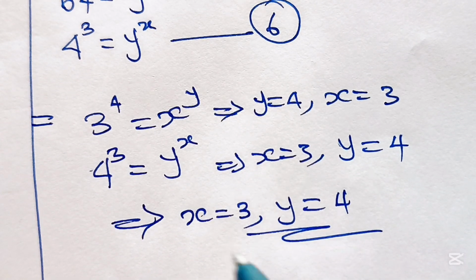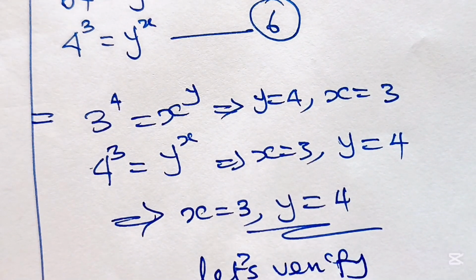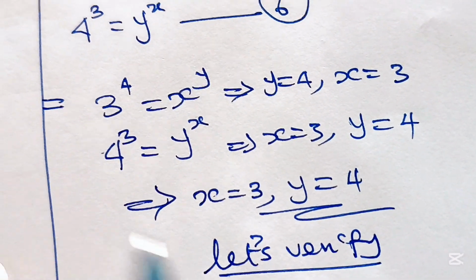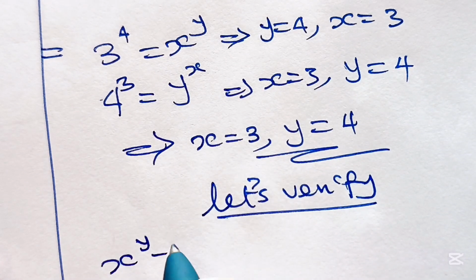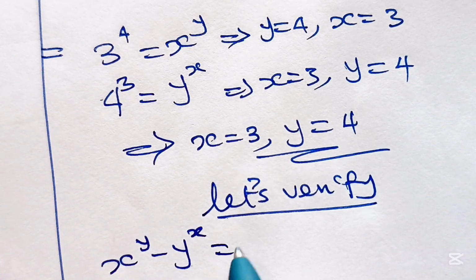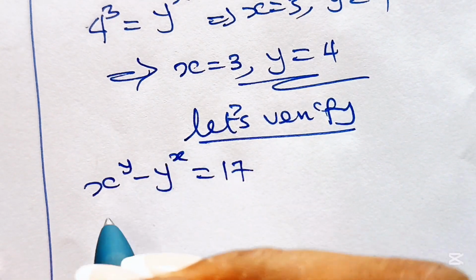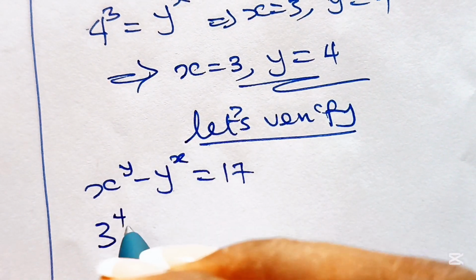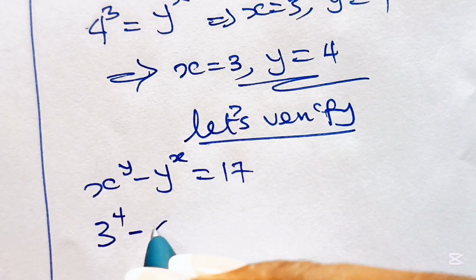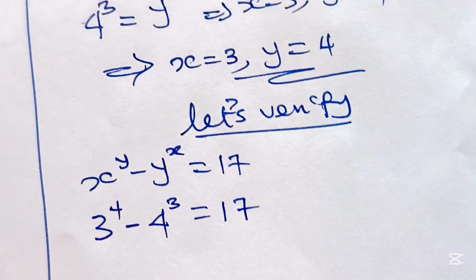Now let's verify. We have the question, that x to the power of y minus y to the power of x is equal to 17. So that means that x, which is 3, to the power of y, which is 4, minus y, which is 4, to the power of x, which is 3, is equal to 17.